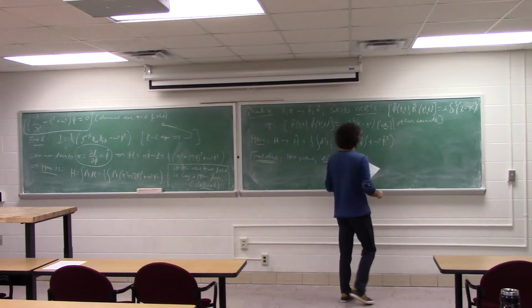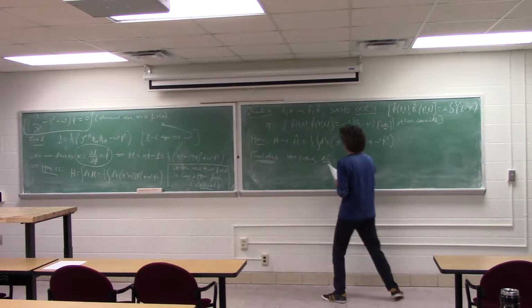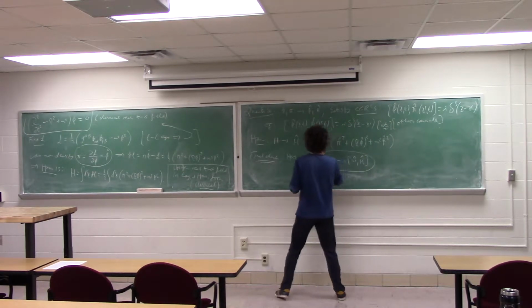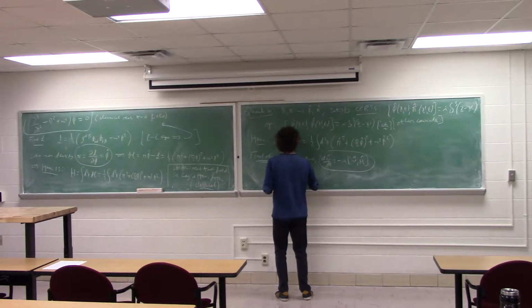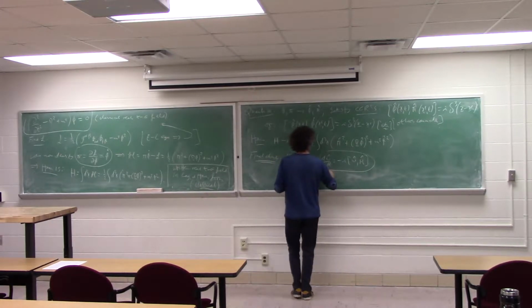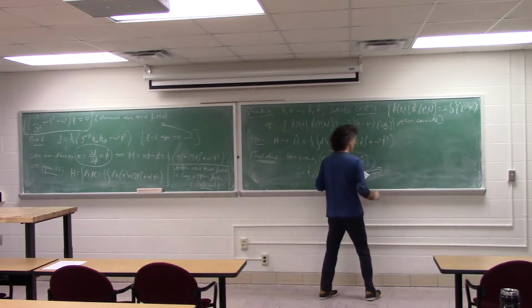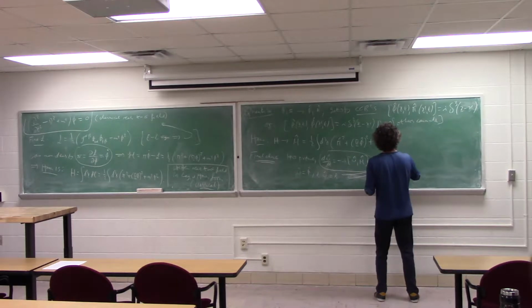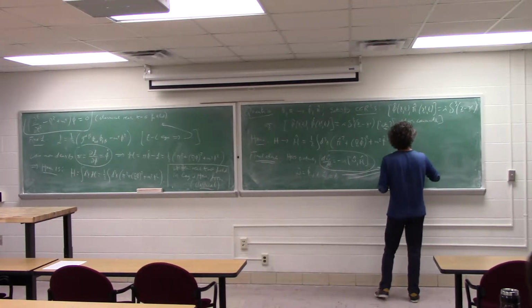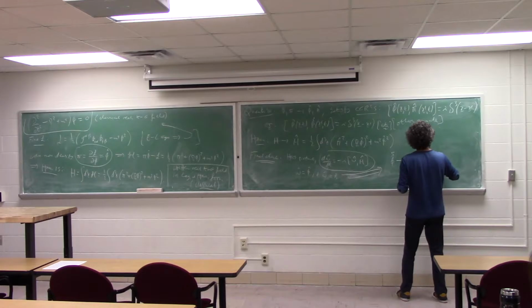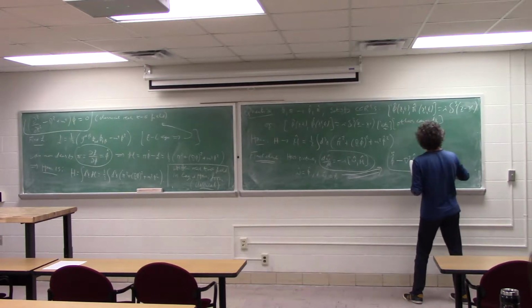So if you apply this equation with omega equals phi hat and omega equals pi hat, you can show that phi hat double dot minus del squared phi hat plus m squared phi hat is 0.